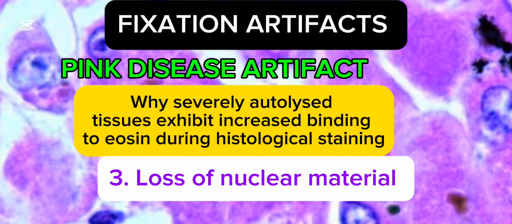So severe autolysis often results in the degradation of DNA and RNA, so reducing basophilic or hematoxylin-stained structures. So this allows eosinophilic components like cytoplasmic proteins and extracellular matrix to become more prominent.